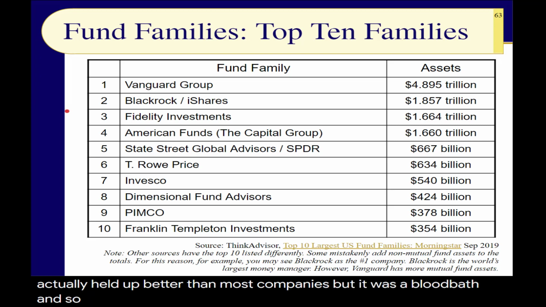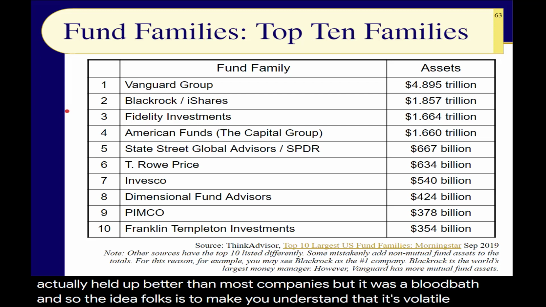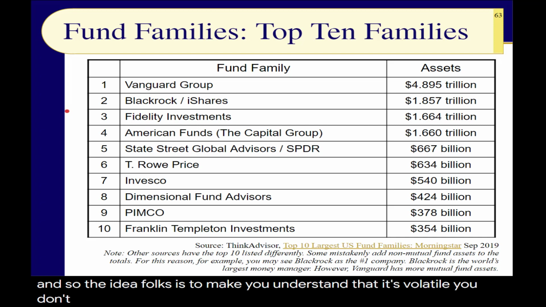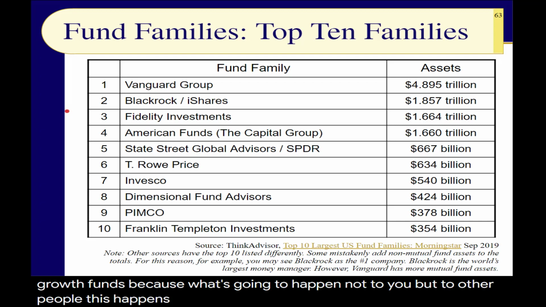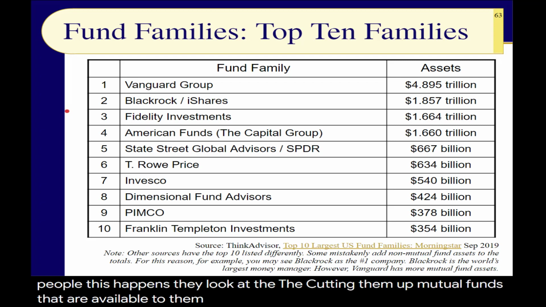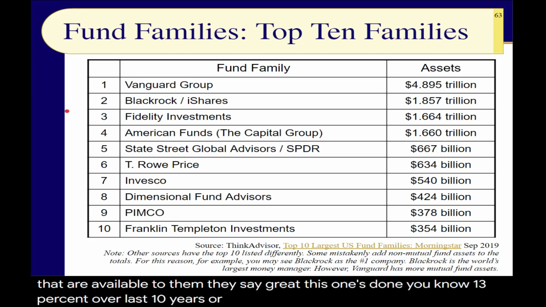And so the idea, folks, is to make you understand that it's volatile. You don't want to load up your plate with all the hot, spicy, aggressive growth funds. Because what's going to happen, not to you, but to other people, is this. They look at the mutual funds available to them and say, great, this one's done 13% over the last 10 years, or 16%, or whatever.